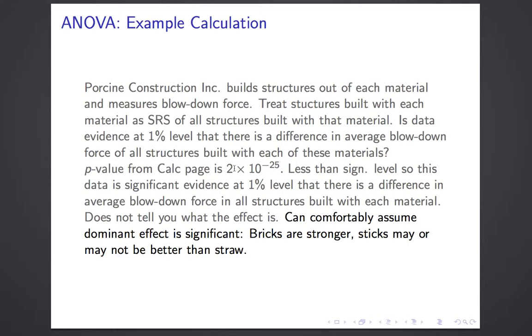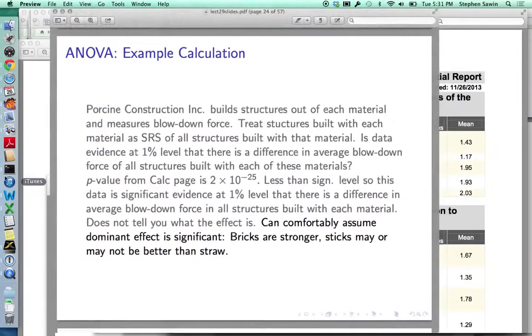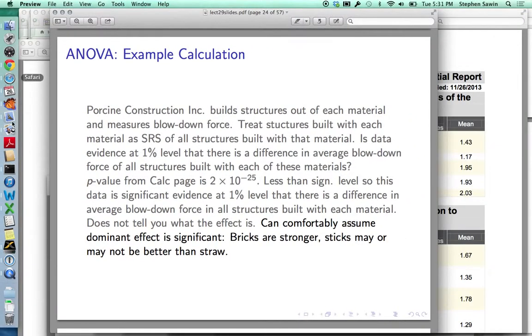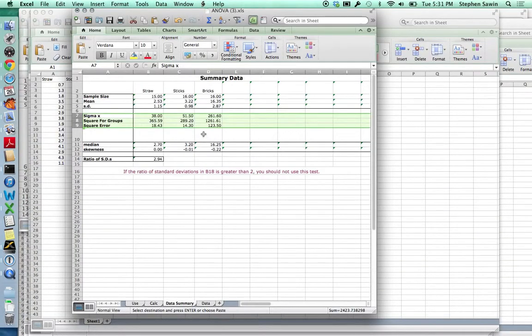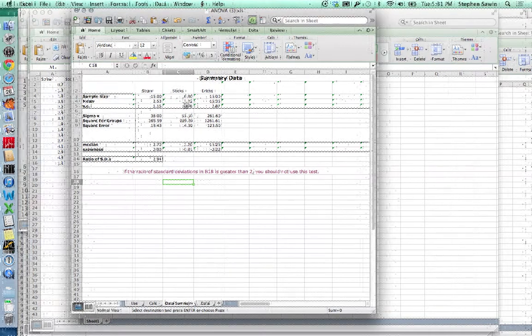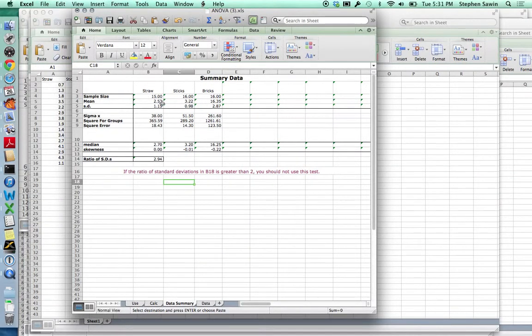What do I mean by that? Let's show you. Excel. You can see here that the mean of bricks is very far from the mean of the other 2. In particular, it's many standard deviations away. Whereas the mean of straw and sticks are quite close.